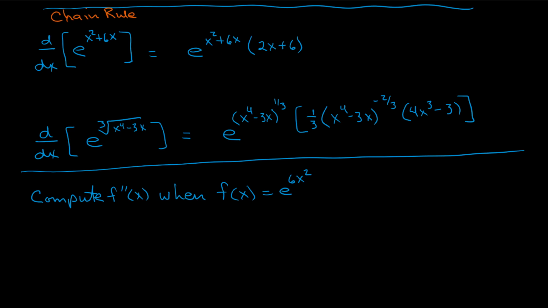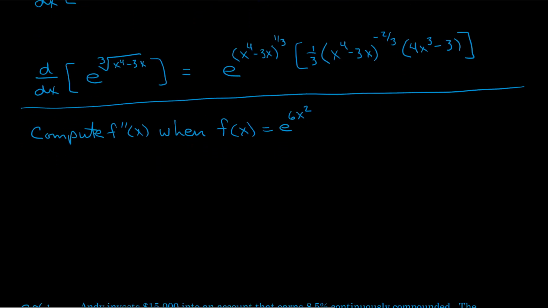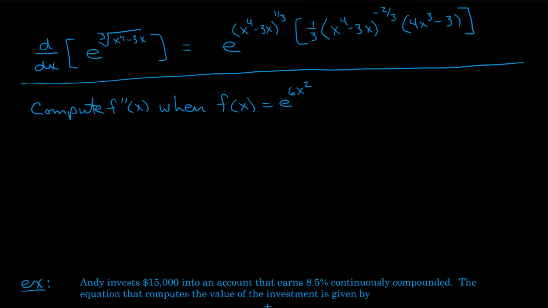Then, according to the chain rule, after you've done that, you now take the derivative of the stuff inside. Well, the derivative of the stuff inside is going to give us 2x plus 6. And basically, that's all there is to it. Doesn't seem horrible. Go ahead and try this one.